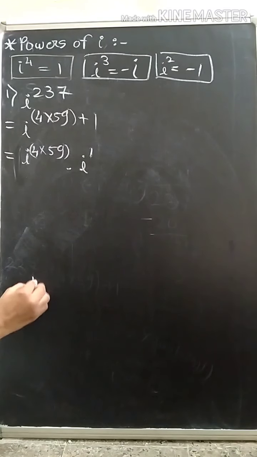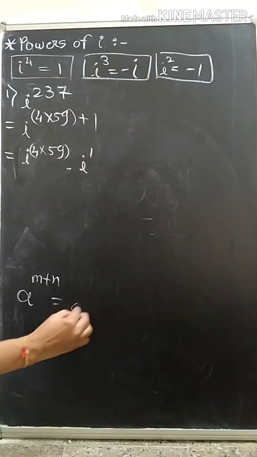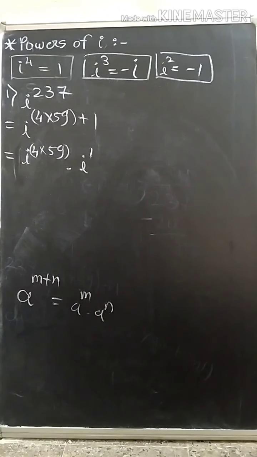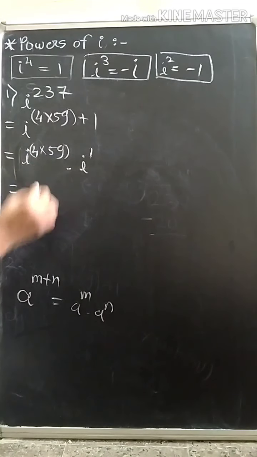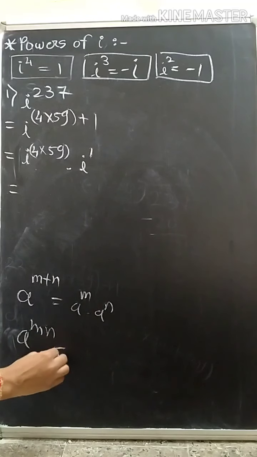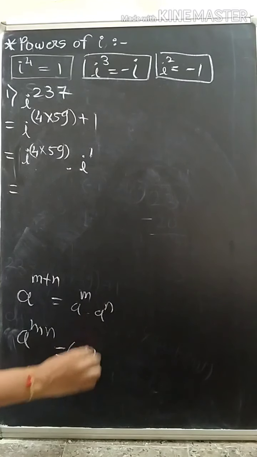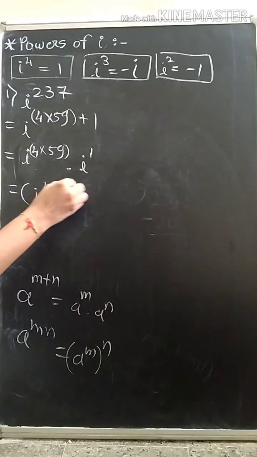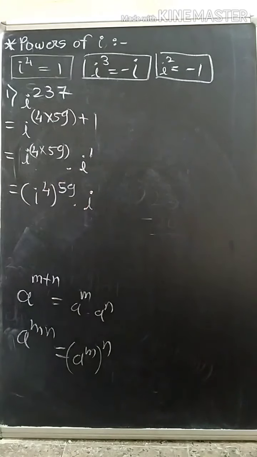Because a raised to m plus n equal to a raised to m into a raised to n. We use this formula. So now i raised to 4 into 59 we can write like this. We know one more formula, a raised to mn equal to a raised to m raised to n. We learned this in indices. So use this: i raised to 4 raised to 59 into i.